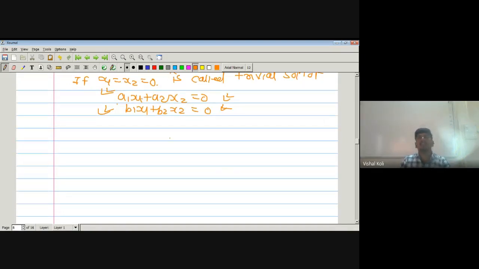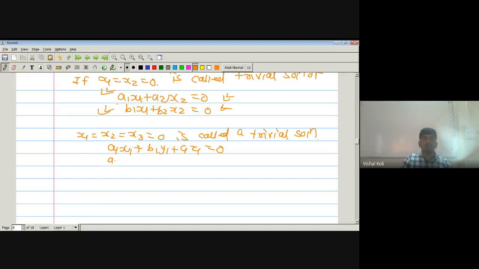Similarly, if there are three equations and three unknowns, then x1 equal to x2 equal to x3 equal to 0 is called a trivial solution of the homogeneous system of linear equations a1x1 plus b1x2 plus c1x3 equal to 0. Here actually we have to take x1, x2, x3.